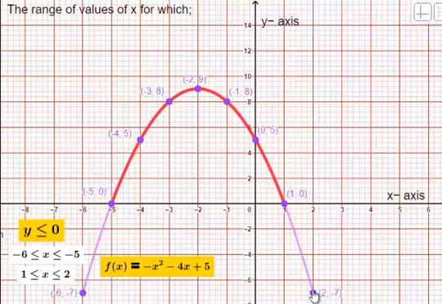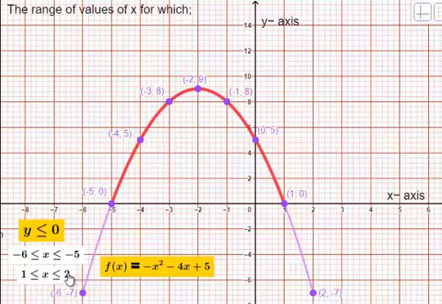And then we have the last point, which has y value of -7. So it is also part of the answer. And therefore we write x is greater than or equal to 1, but less than or equal to 2.